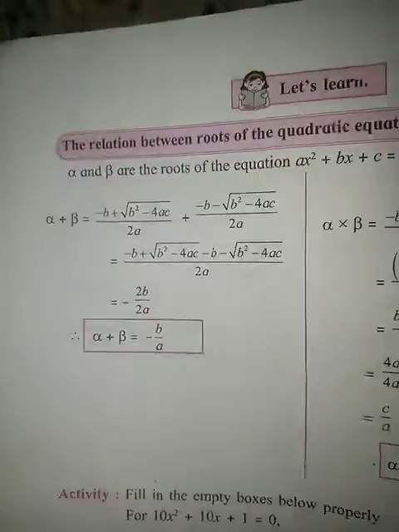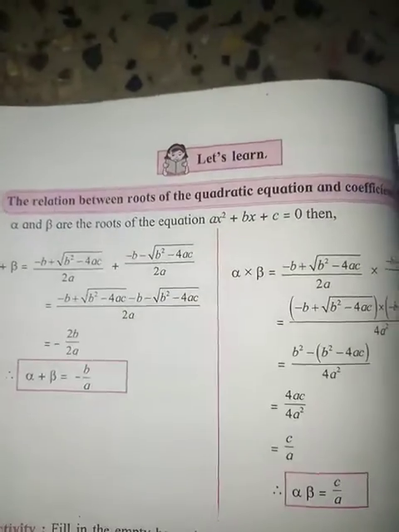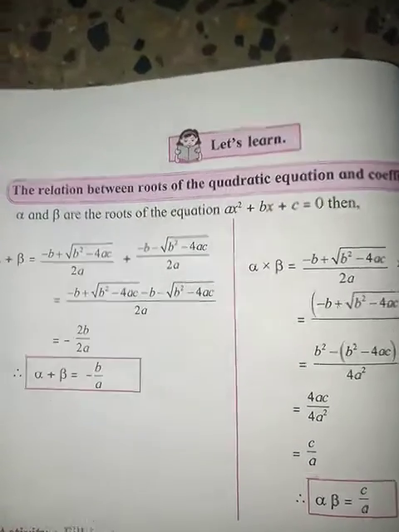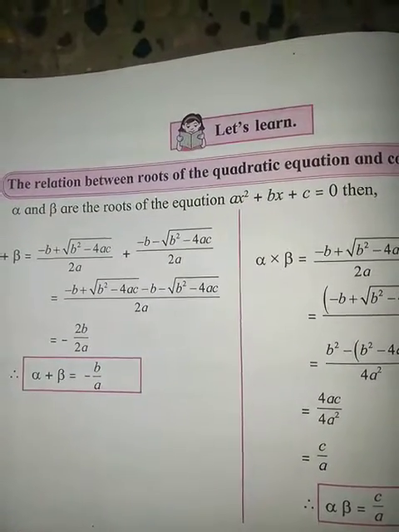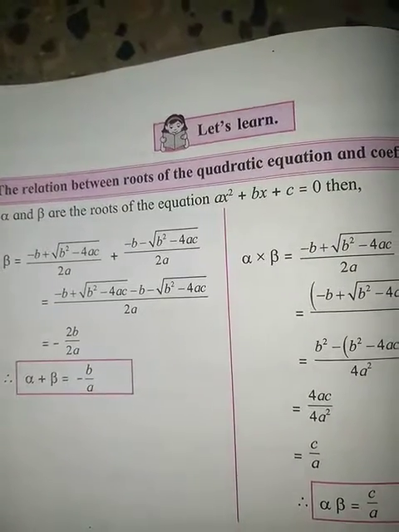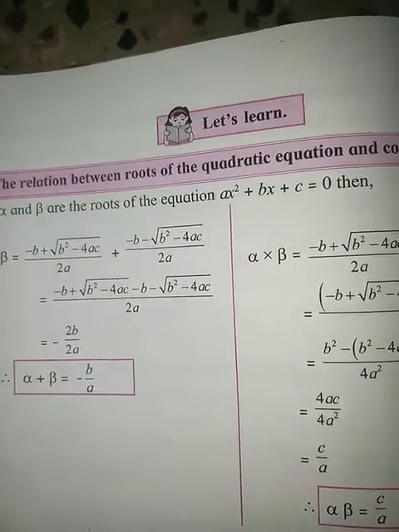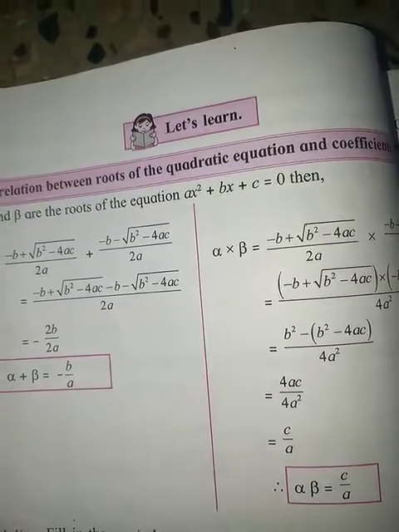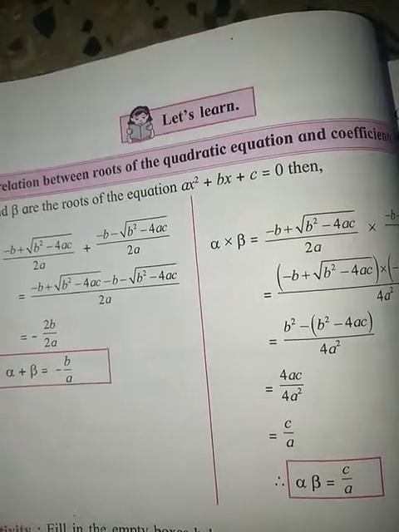Here the denominators of both are equal, so directly we can add or subtract. Minus b plus or minus only, plus b square under root b square minus 4ac minus b minus under root b square minus 4ac.